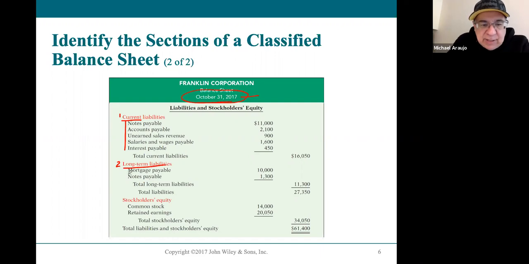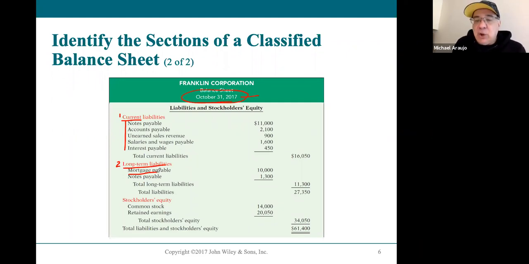So a couple of things right here. There's a mortgage payable. So a mortgage is a loan on property or a building. You'll probably know that from a house. If you want to buy a house and you want a loan for a house, they call that a mortgage. So it just means that it's a long-term loan. You're going to be paying mortgages anywhere from 15 to 30 years.